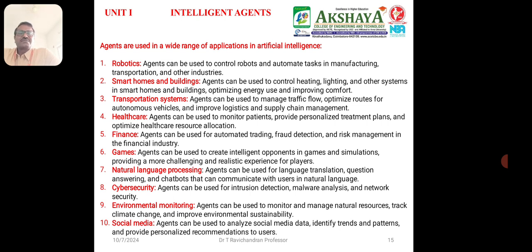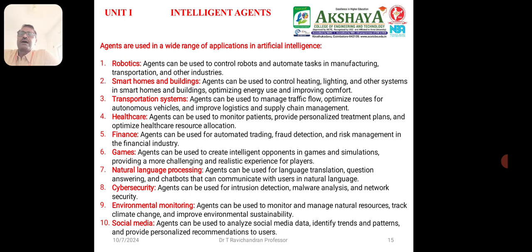First, robotics: the agent can be used to control robots and automated tasks in manufacturing, transportation and other industries.